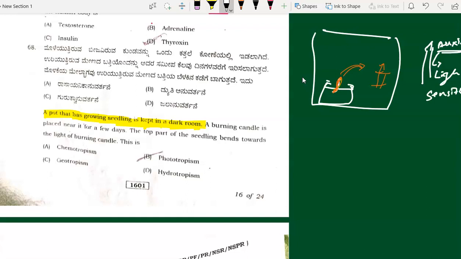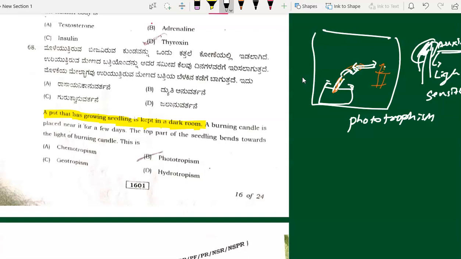So what happens with auxin deposition? Auxin will start depositing here. Due to that, the plant will bend towards the light. This mechanism, the growing of a plant towards light, is phototropism. If a plant grows towards water, that is called hydrotropism.